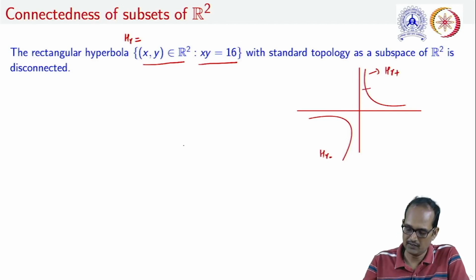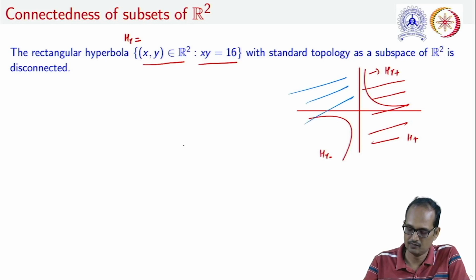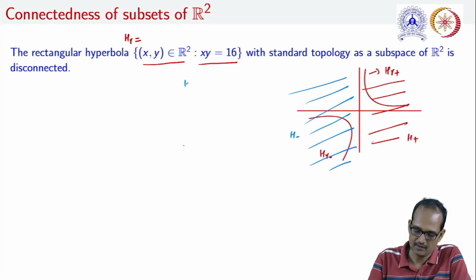Also note that we have already studied that this portion is known as H plus, and this portion of this R2 that we have already taken as H minus, and this H plus and H minus both are open in this R2.